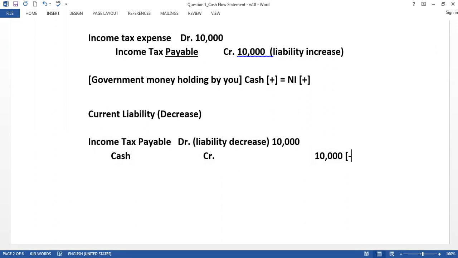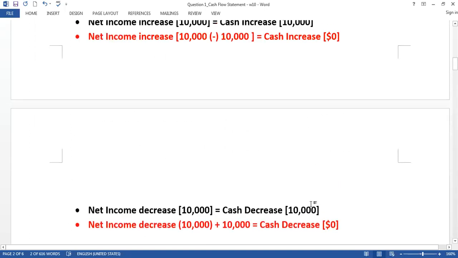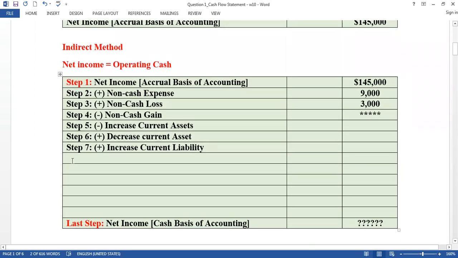If we want to make net income equal, net income should also be minus. Cash decrease means net income should be decreased. So this is step 8.